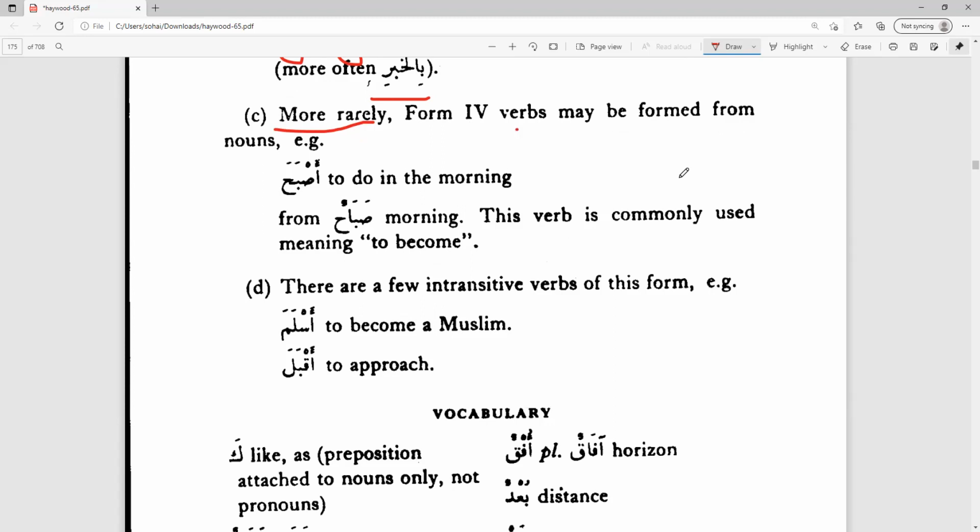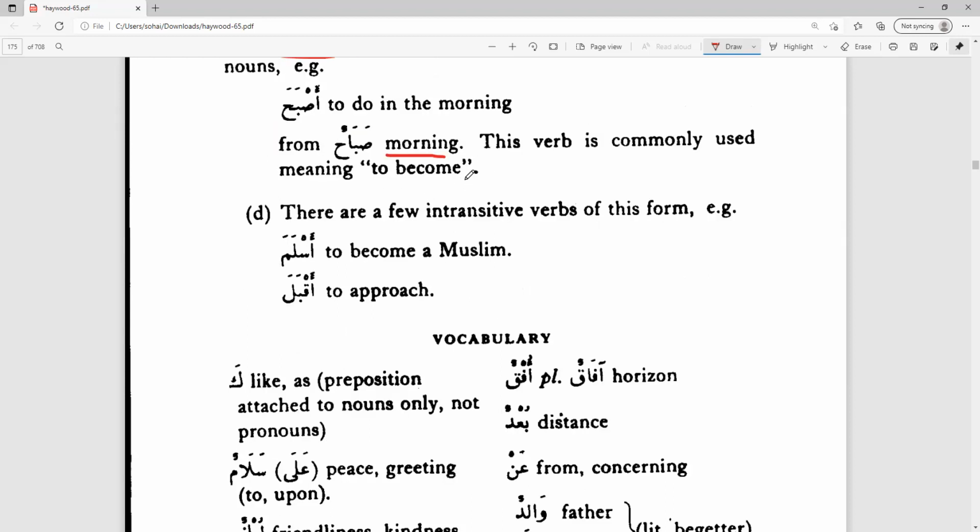Form 4 words may be formed from nouns, e.g. sabahun means morning. Asbaha on this form means to do in the morning. And it says there are few exceptions, because this form makes verbs transitive and double transitive, but there are very few exceptions where the verb is intransitive on this scale.